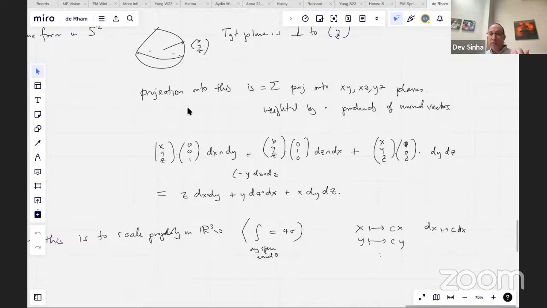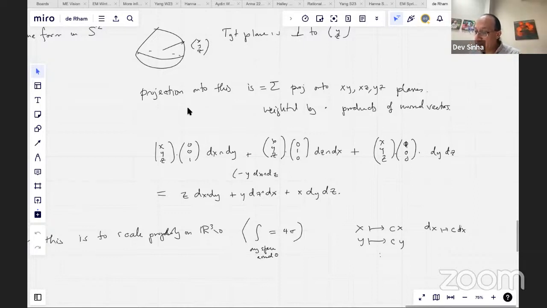So this expression is going to scale by c squared. And so I have to then undo that, by dividing by the scale factor c. If c is my distance from the origin, I have to divide by c cubed.